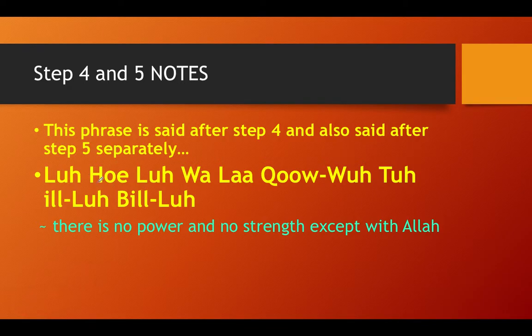So again, this phrase down here is not part of the adhan, okay? This step is what you would say after hearing somebody say hayya ala salah and hayya alal falah. Okay, so you only say this if you're not reciting the adhan. Okay, so again, this phrase is said after step 4 and also said after step 5 separately.